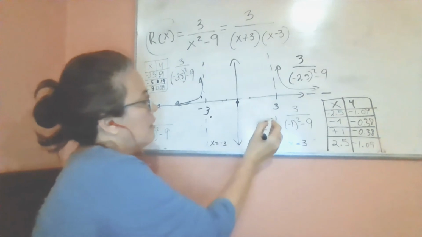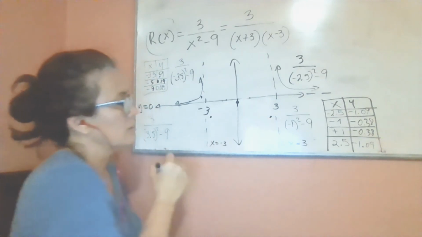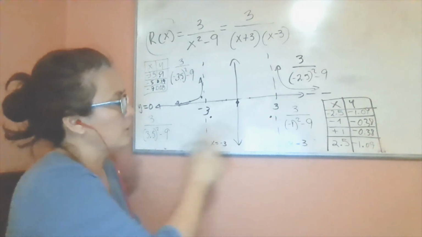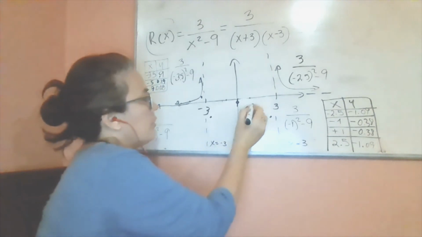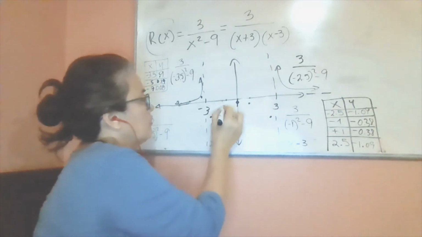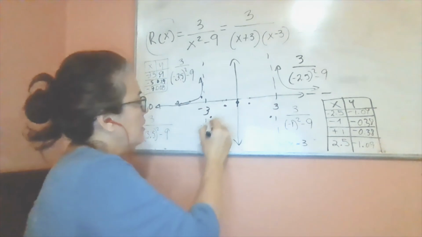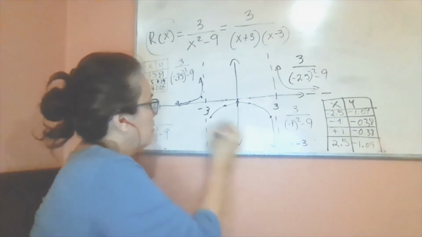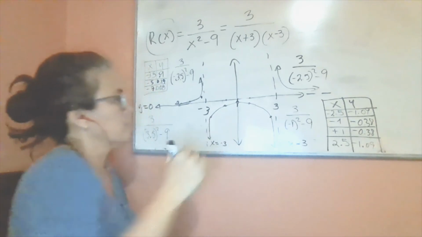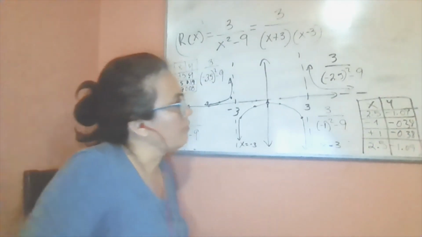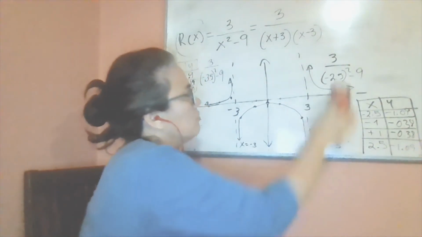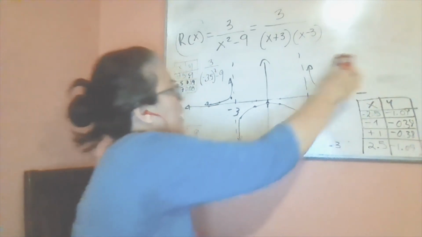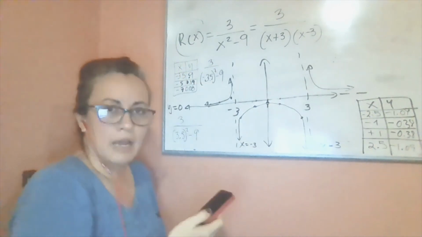Negative 1.09, really close to the asymptotes. Here, something like this. And if we connect the dots, the graph is gonna look like this. I'm gonna erase this so you don't get confused. And we have the three tables and our final graph.